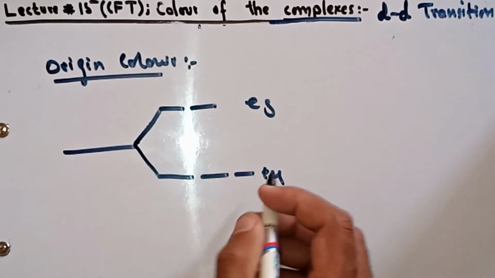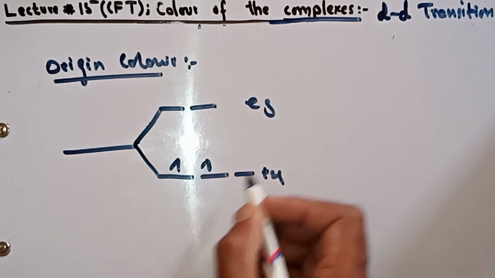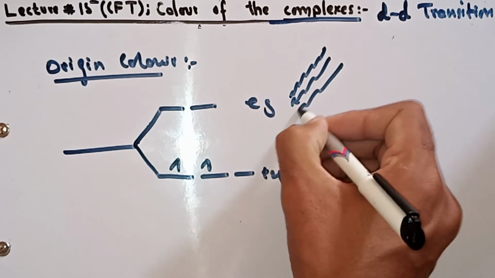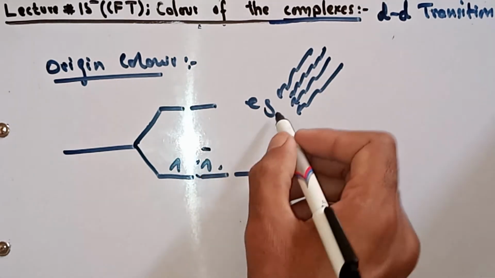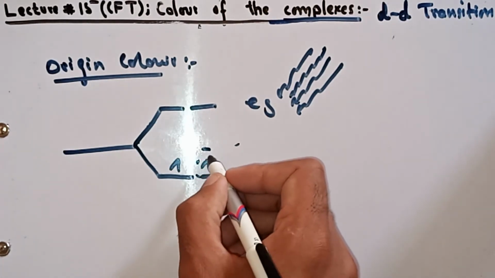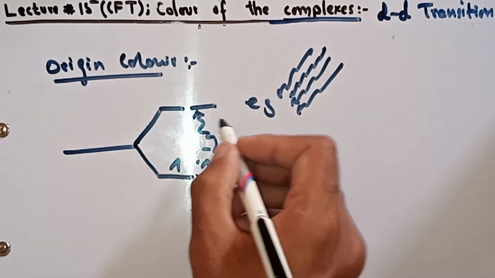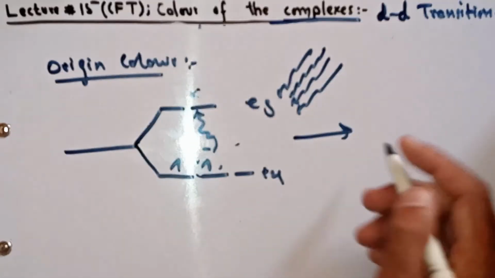Let's suppose there are 2 electrons in t2g. When white light falls on the metal complex, one electron will absorb some portion of the light. When it is excited, it gains energy and goes to the eg orbital.